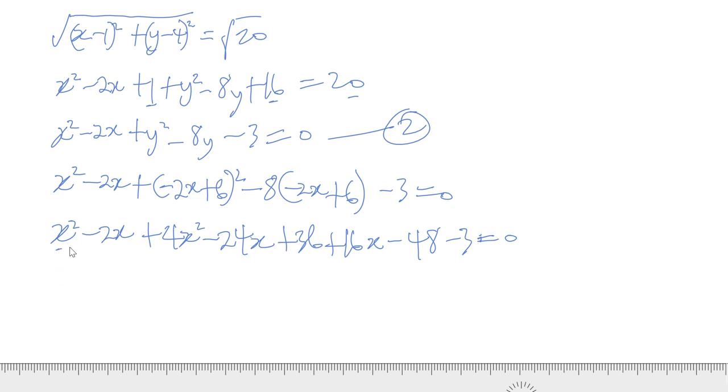Simplify further. x squared plus 4x squared gives you 5x squared. Minus 2x minus 24x, that's minus 26x, minus 26 plus 16 gives you minus 10x.